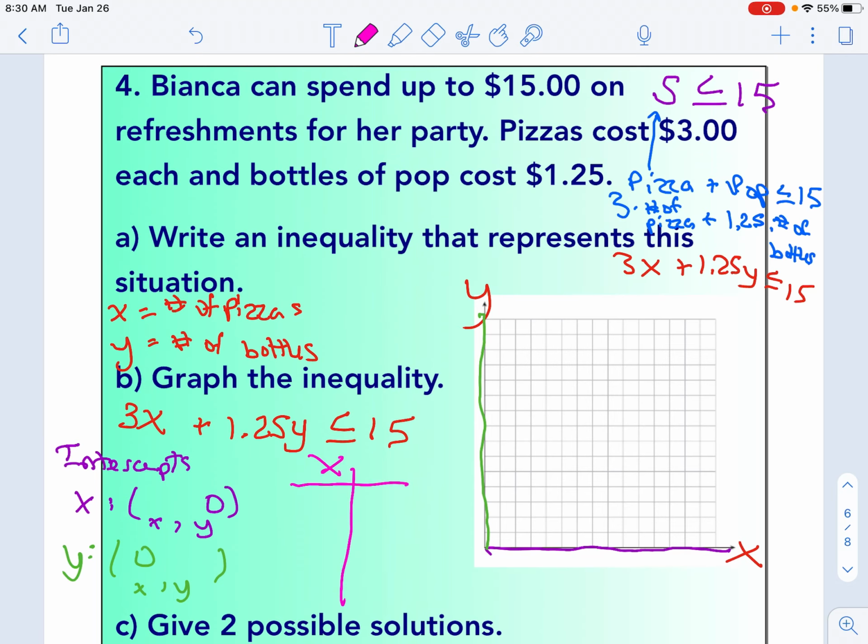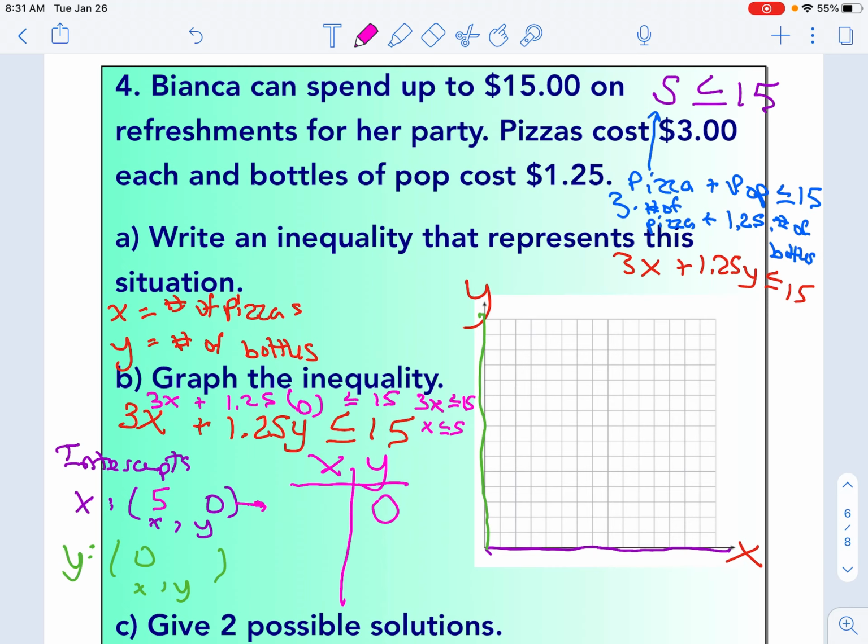To find the ordered pair when Y equals 0, I put 0 into the equation for Y. That gives me 1.25 times 0 plus 3X is less than or equal to 15. So 3X is less than or equal to 15, or X is less than or equal to 5.